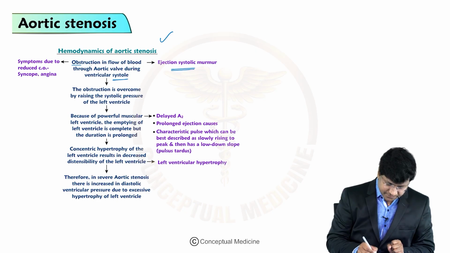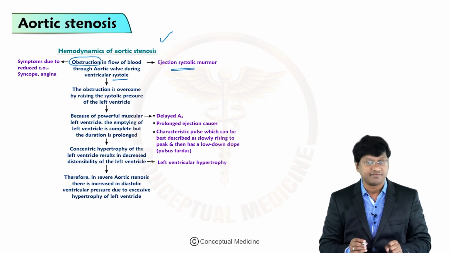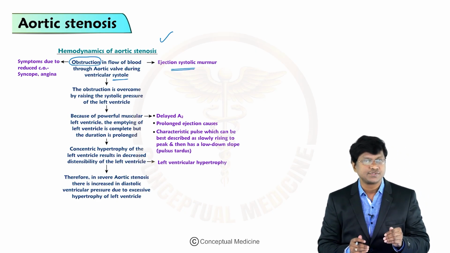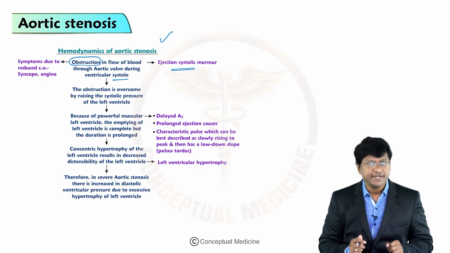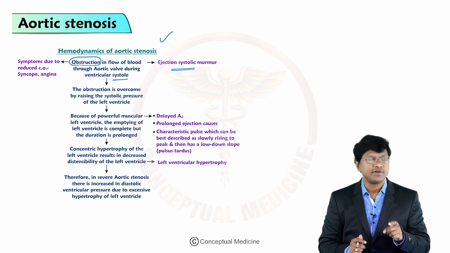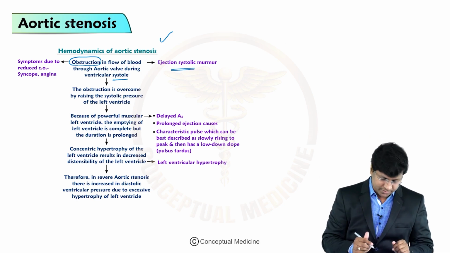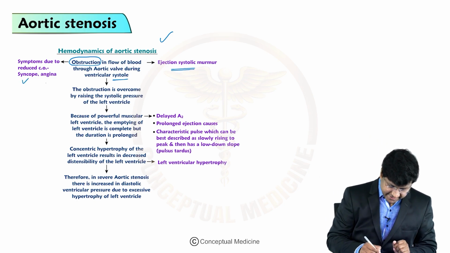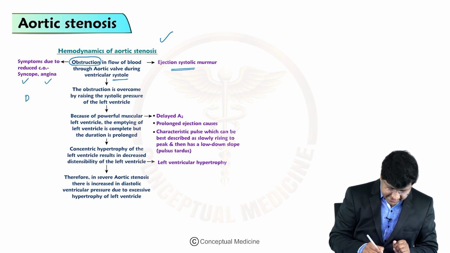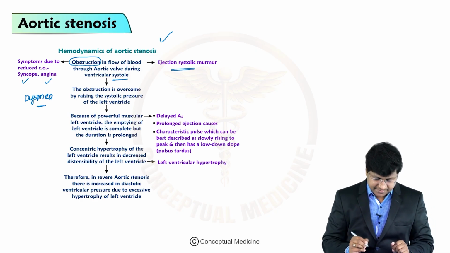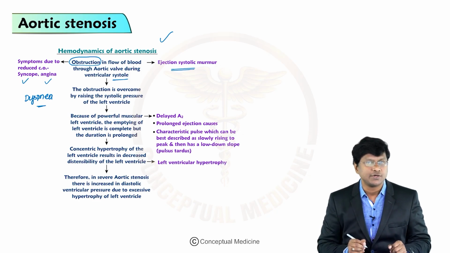And because there is obstruction in the flow of blood, there will be symptoms due to reduced cardiac output. And what will be those symptoms? That includes syncopal attack, angina, as well as dyspnea. These will be the symptoms due to reduced cardiac output.